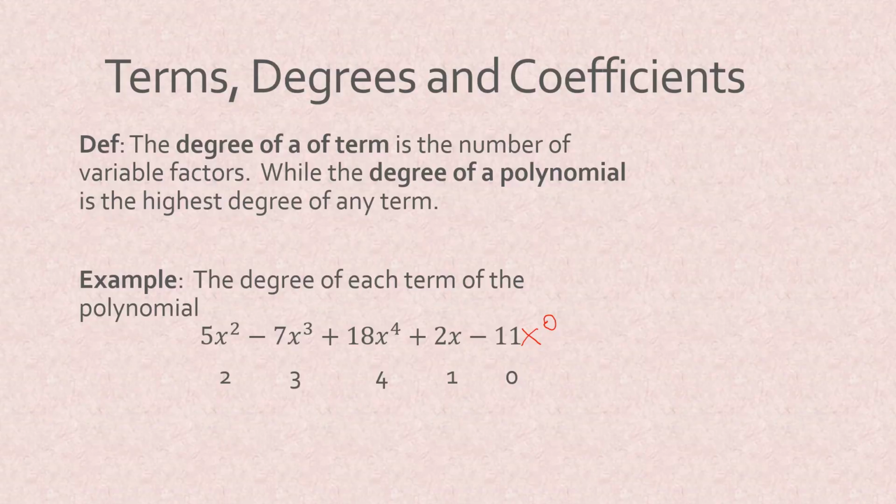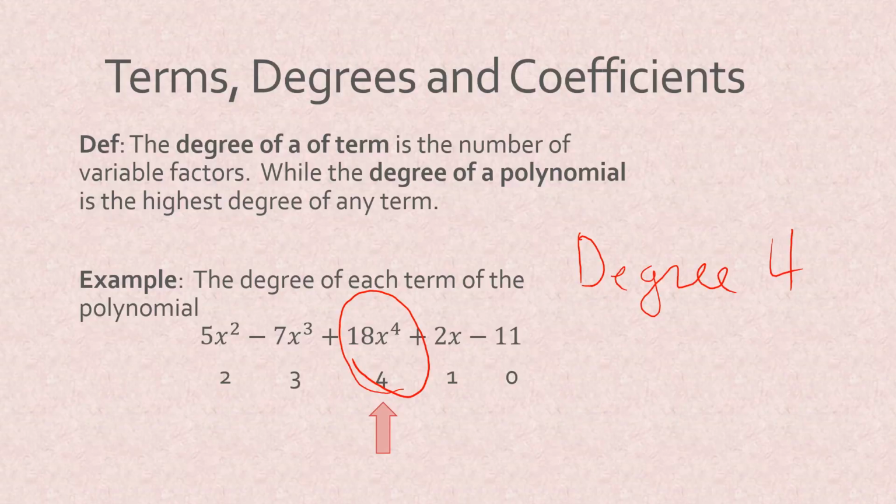Every constant term we will call of degree 0. The degree of the polynomial turns out to be the highest degree, which in this case is 18x to the fourth, and so we say that the polynomial is of degree 4.